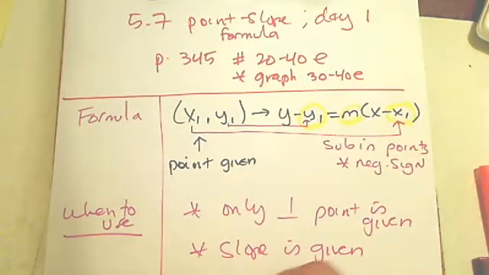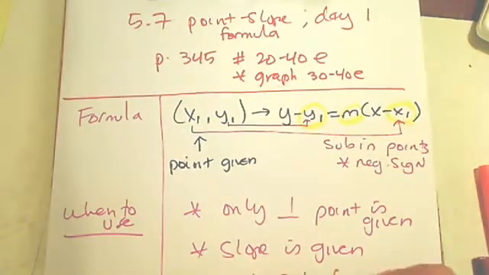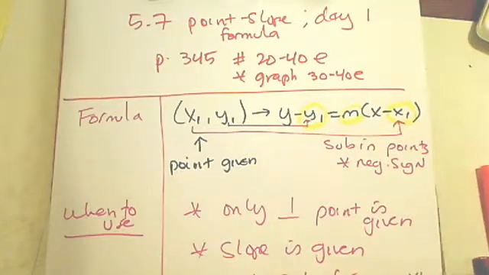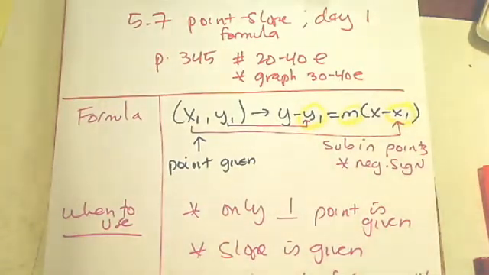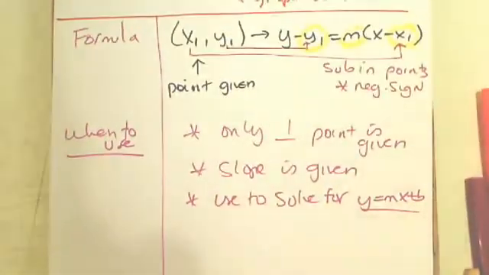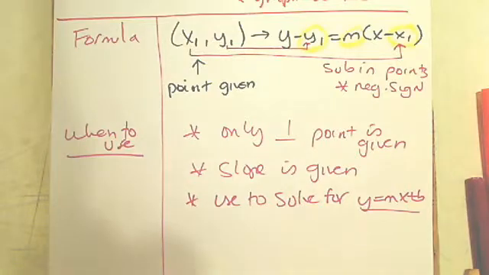Then you use point-slope form to solve for y equals mx plus b. Point-slope form: you have a point, you have a slope. Questions?